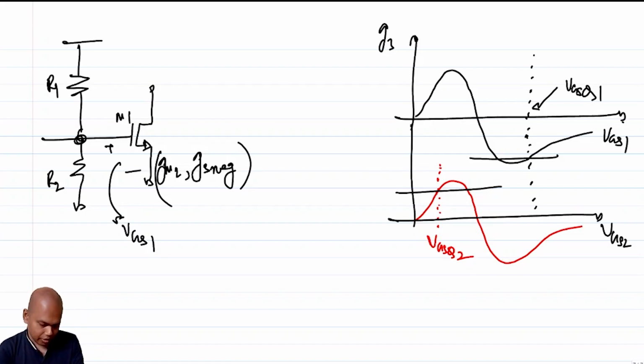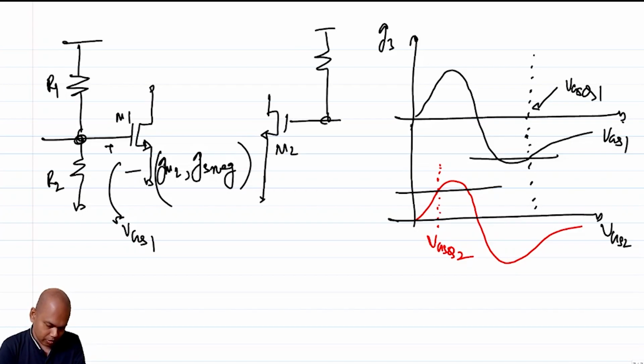Then you take another transistor, let's call this M2, with R3, R4, and you bias it at VGSQ2.